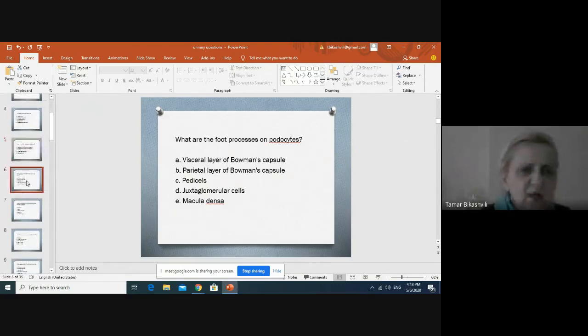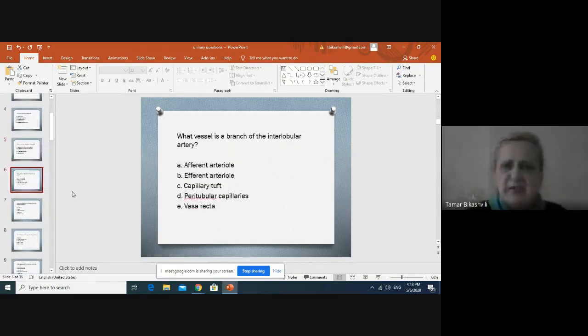The next. What vessel is a branch of the interlobular artery? Afferent, efferent, capillary tuft, peritubular capillaries, or vasa recta?